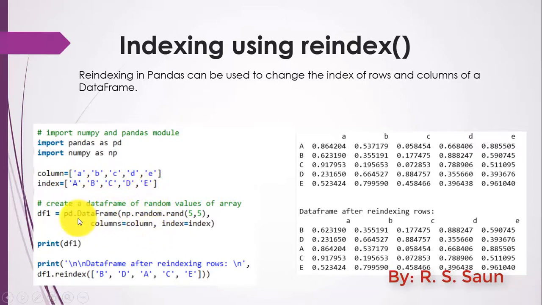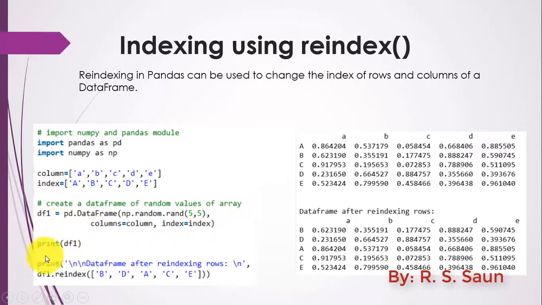Then we have used the DataFrame function to create a data frame from numpy random rand 5 by 5. Basically this will create a two-dimensional data frame of 5 rows and 5 columns with the specified column labels and row labels, and then we have printed this.